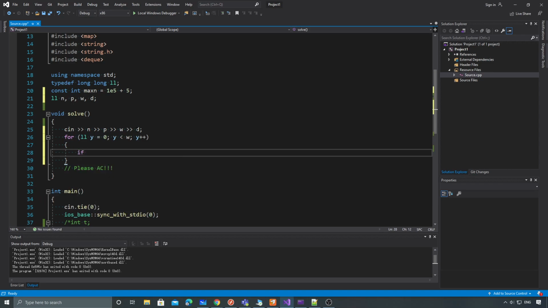And if P minus y times D is smaller than 0, we can simply break.